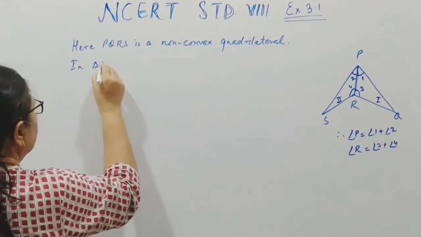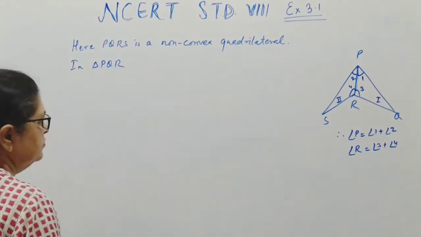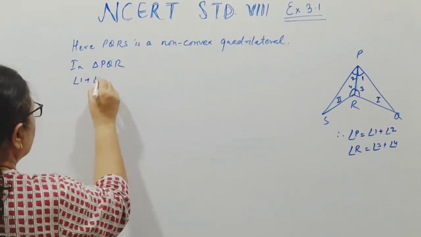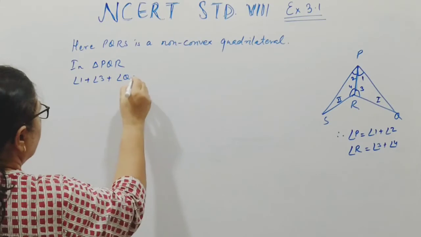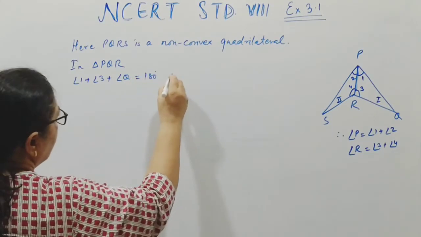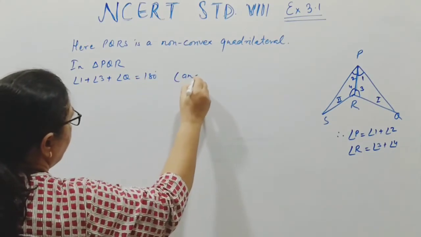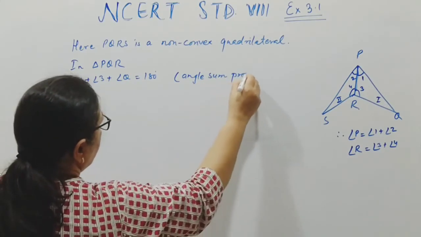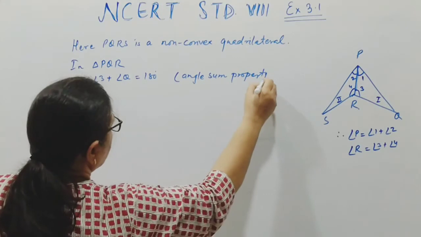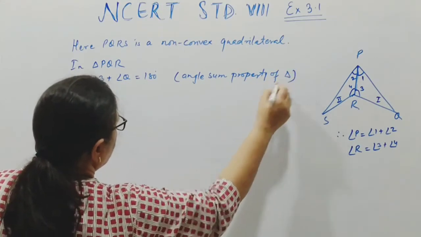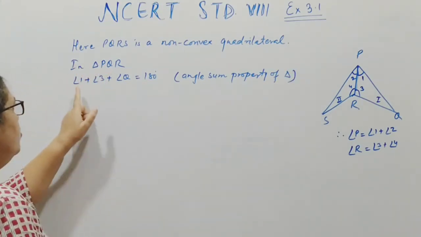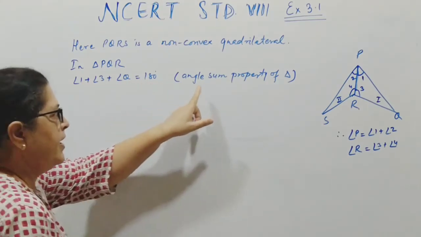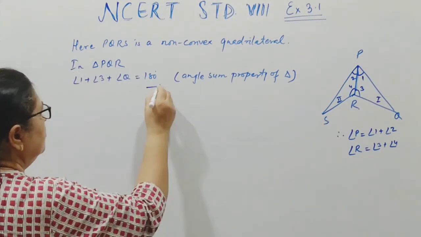Now in triangle PQR, angle 1 plus angle 3 plus angle Q is equal to 180 degrees, angle sum property of triangle.